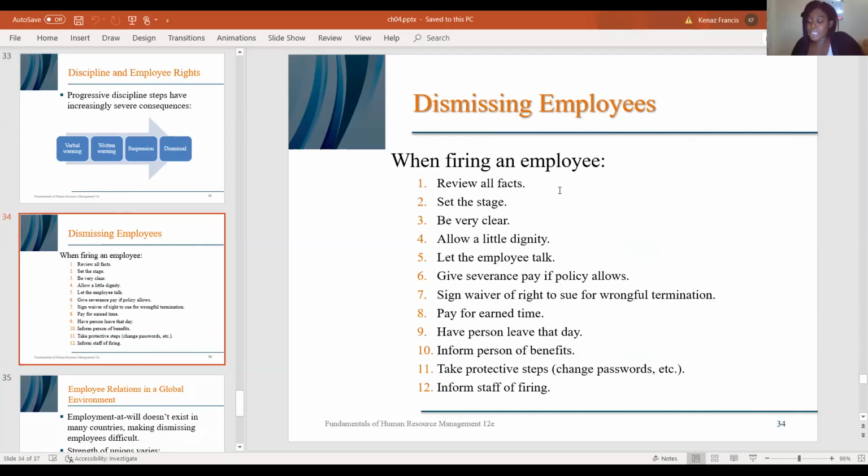Once you're terminating on good grounds, make that clear and you can have that waiver signed. Pay for the time earned, be honest. Have the person leave that day. You don't fire somebody and then tell them to come back tomorrow. If you have to let them go, have everything prepared to do that. Take protective steps: change passwords and so on, and inform the staff of the firing, right?